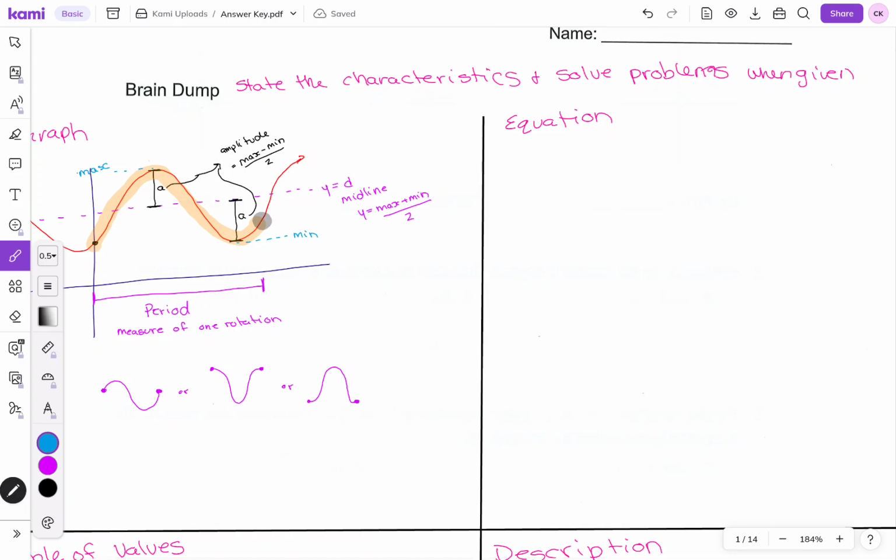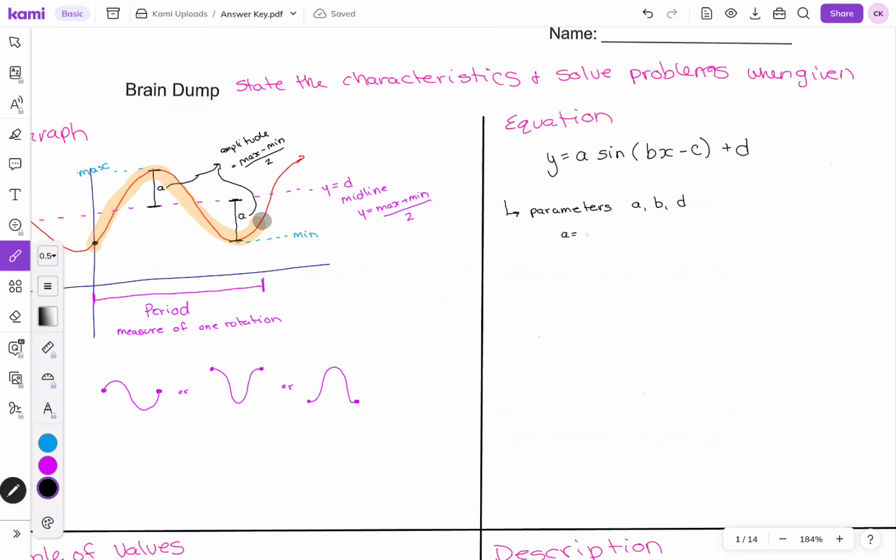When we're analyzing an equation, remember, we have our equation written on our formula sheet, so we do not have to memorize it. We just have to memorize what the parts mean. So we always look at the parameters A, B, and D. Remember C is just, is there or is there not a phase shift?